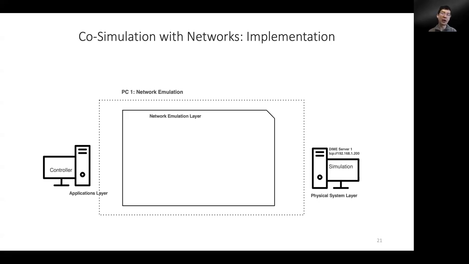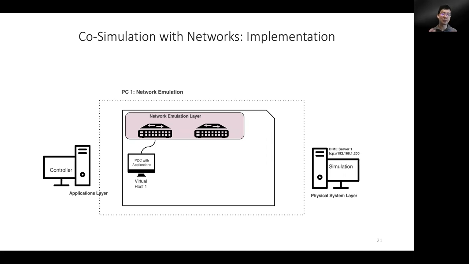Within the network emulator, we have a network emulation layer that converts our power system data streaming definition into the so-called Mininet software-defined network configuration, so that Mininet can spin up the switches and links following our parameters. And within the network emulator, we can spin up so-called virtual hosts, which are basically scoped unique processes for running our application on any node of the network.